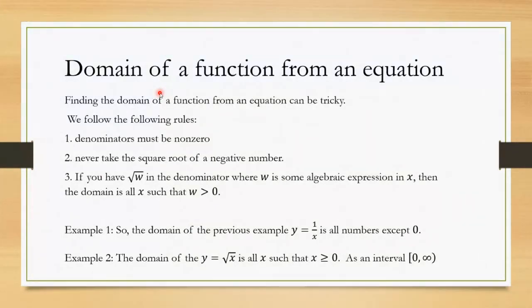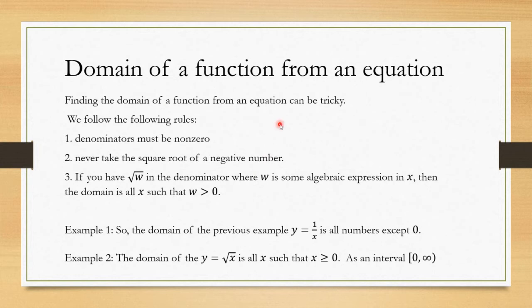Formally, it's all the possible numbers you could put into the function that yield an output that makes sense. And when I say makes sense, I basically mean it gives you another number. So it's all the numbers you could put into the function that give you back a number.